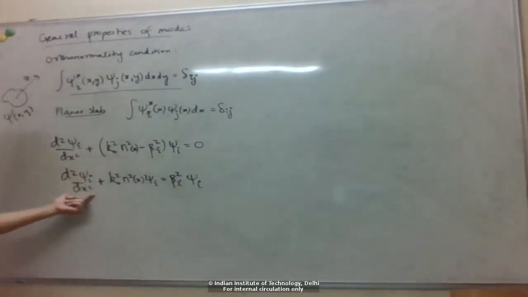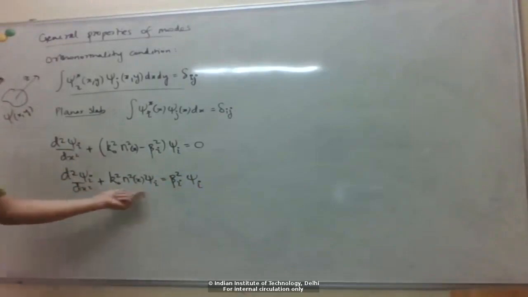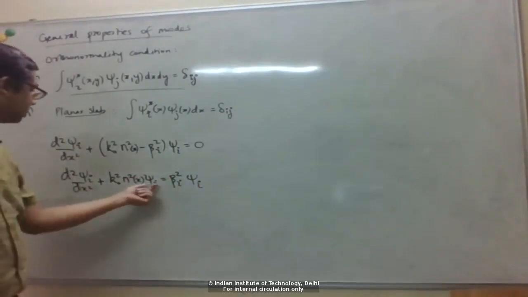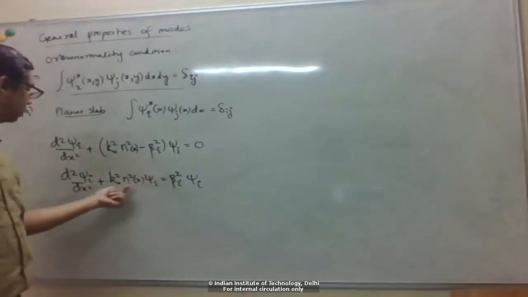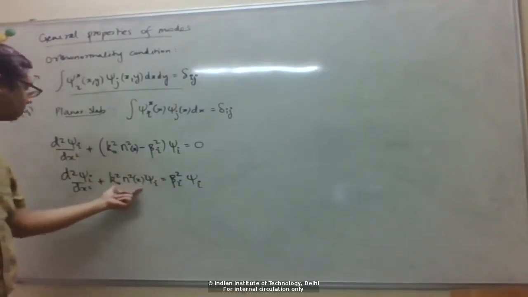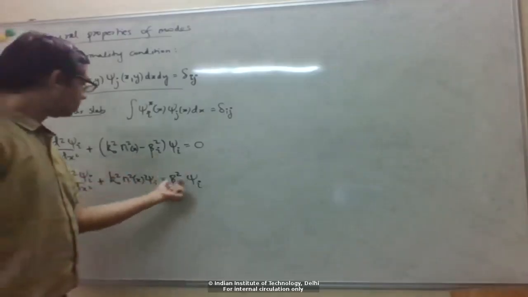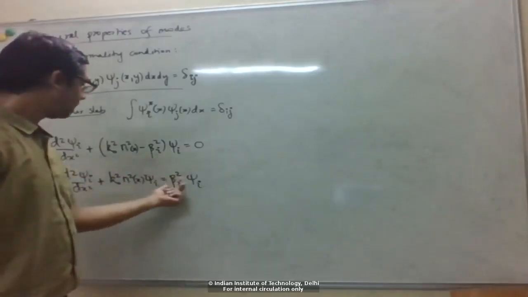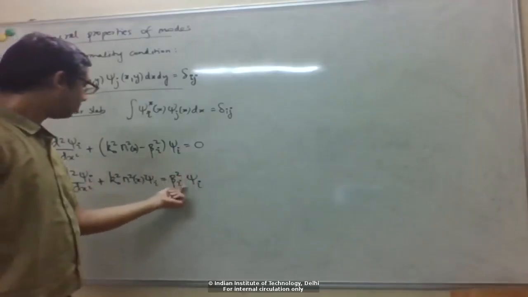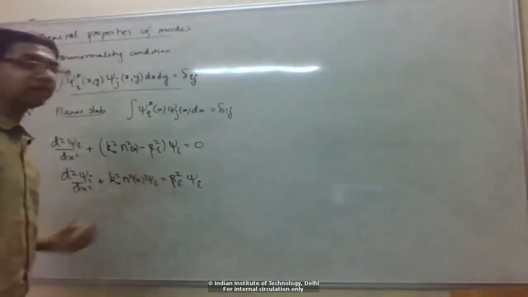You have a double derivative with respect to position, which represented the kinetic energy in quantum mechanics, and then you have something times the mode function. So there you have the potential function. This refractive index profile is basically like a potential, right? And in the quantum mechanics case you have energy here, so here beta i, the solutions for the propagation constant, correspond to the eigenvalue.